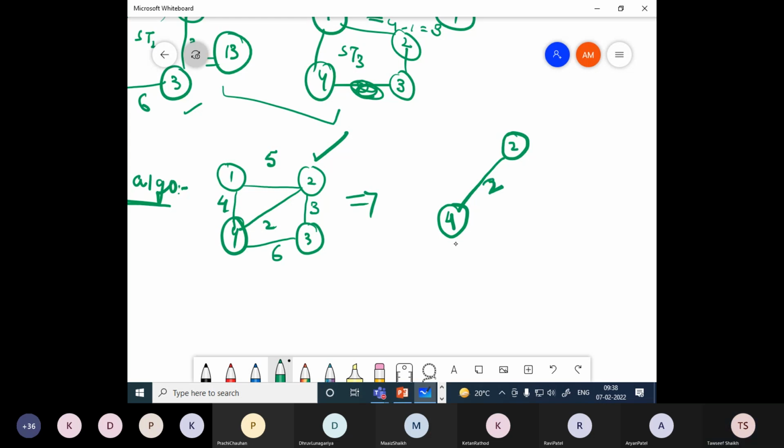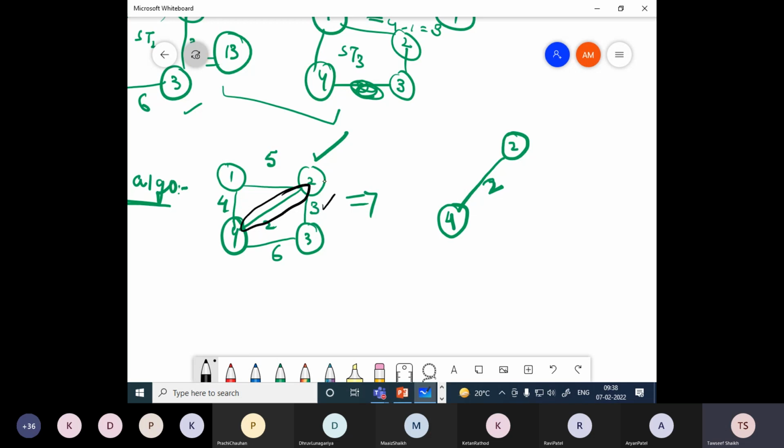Okay. Now the next edge in the graph which we have to take should be having the minimum cost among all the remaining edges. Suppose this edge we have taken. Now the remaining edges are this, this, this, this. We have to take the one whose cost is minimum. Here it is 3, so the lowest cost is 3.